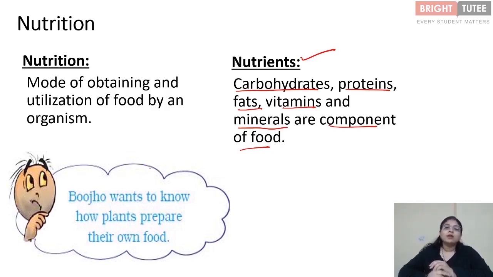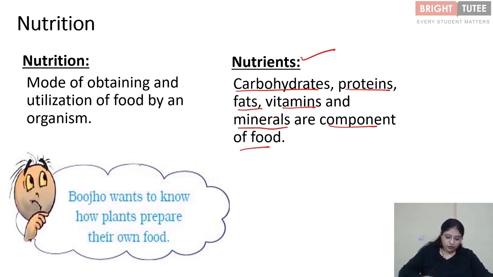Utilization is done in a similar way as it is done in other living organisms. That is, the food is utilized for growth, right? Now, when we talk about nutrition in plants, we will talk about mode of nutrition. What do we understand by that and how many types of mode of nutrition do we observe in our environment?